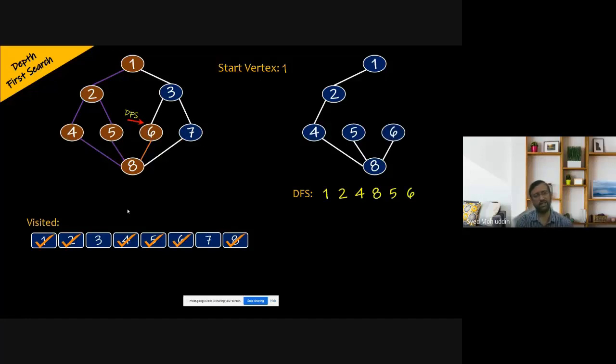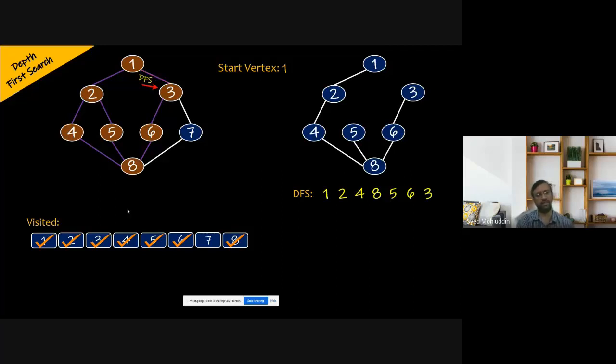Then its adjacent vertex is vertex 3. It's not visited yet, so we visit vertex 3 and mark it as visited. From vertex 3 we can go to vertex 1, but vertex 1 is already visited, so we don't visit it.